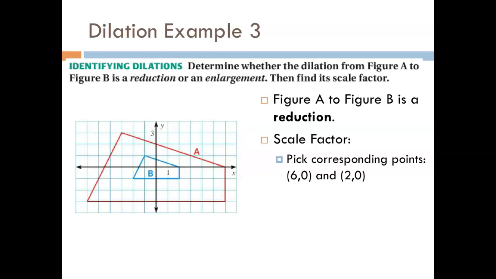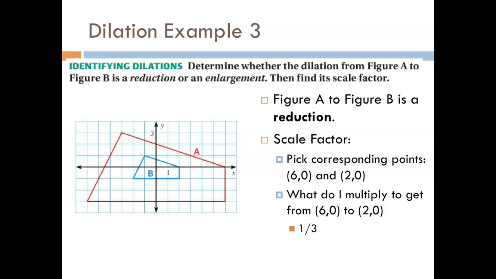In other words, what do I have to multiply by in order to get from the 6 to the 2? We know that 0 times anything is going to be 0. Well, in order to get from 6 to 2, I would have to multiply by 1/3. And that makes sense because 1/3 is smaller than 1, and we had said earlier that this is a reduction.